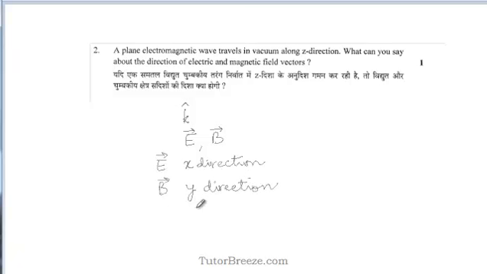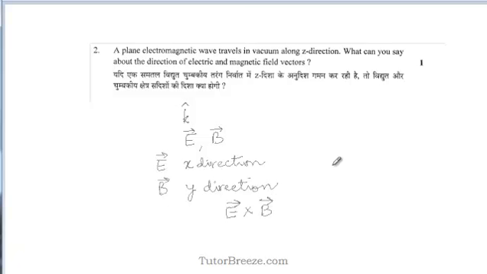Now, if you are wondering why we can't say that the electric field is along the Y direction and the magnetic field is along the X direction, it is because the direction of travel of the wave is given by the direction of E vector cross B vector.